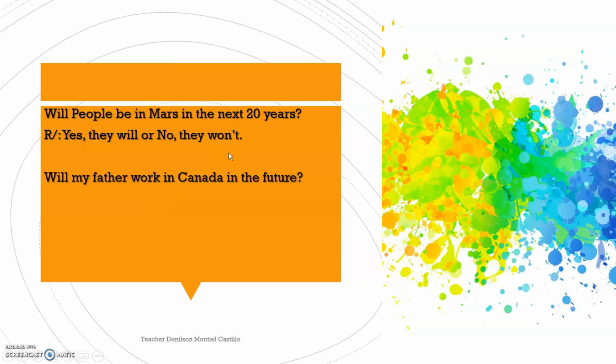The rest of the sentence would be in the next 20 years, or the complement, and the question mark at the end. So as I said before, the answer for this question is quite short. In this case, for example, will people be on Mars in the next 20 years? Yes, they will. Or no, they won't.